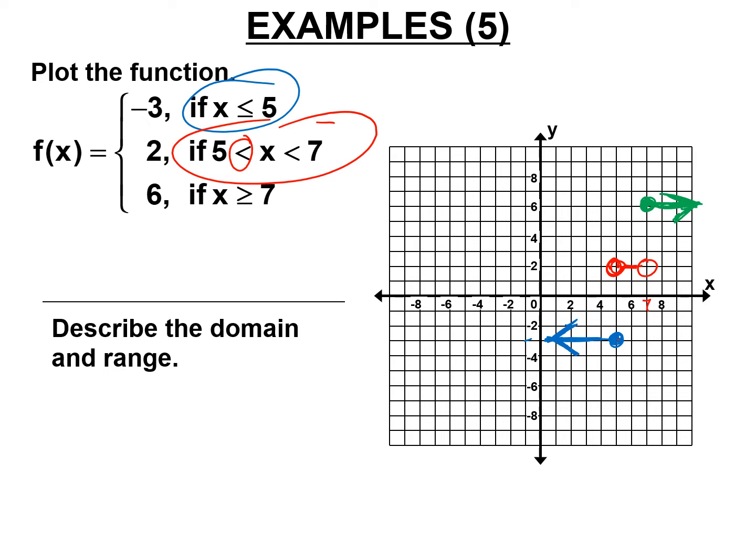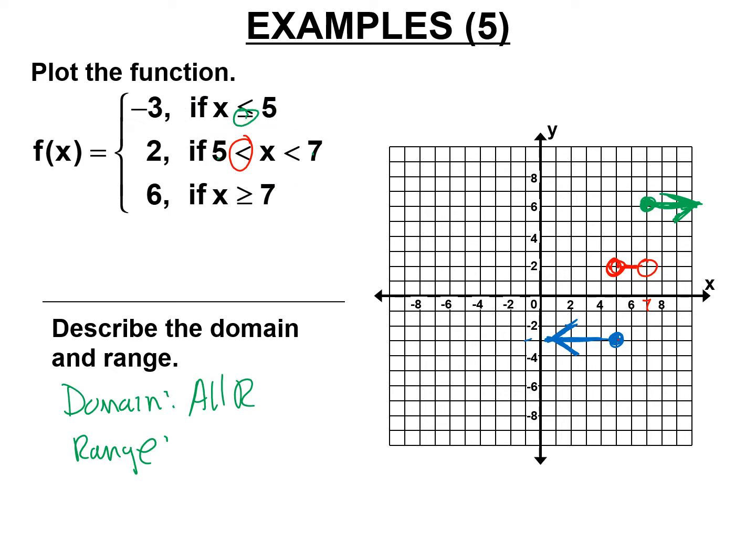All right, so let's look at domain and range. For the domain, x could be less than or equal to 5, it could be in between the two, and it could be greater than 7. It's all real numbers. Now you could have a gap there, like if I forgot the or equal to, you would have to exclude 5, but it's all real numbers in this case.